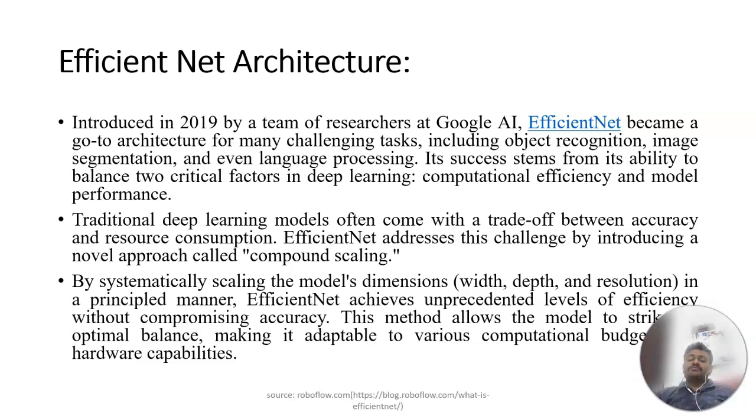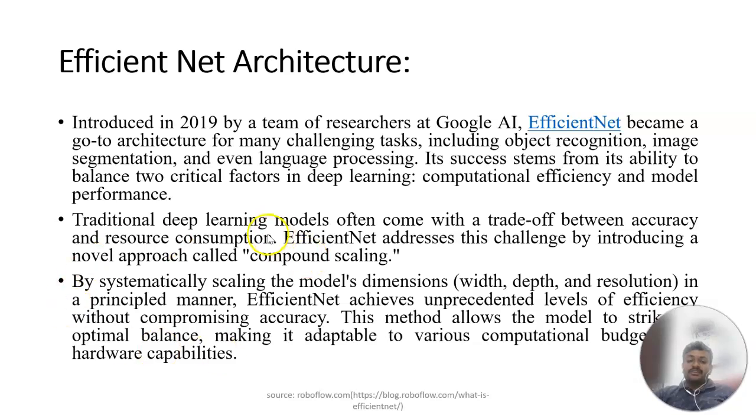Many traditional deep learning models come with a trade-off between accuracy and resource consumption. If accuracy is more, the resource consumption will be more. If accuracy is less, the resource consumption sometimes may also be more. But EfficientNet addresses this challenge with the help of compound scaling.